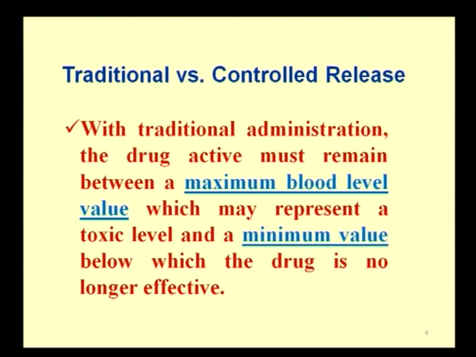That means we have a maximum blood level and a minimum blood level between which we expect the drug to work, or the drug should be available between these two extreme limits of the toxic level and the minimum level below which it is no longer effective. But in the case of traditional administration, this does not happen.